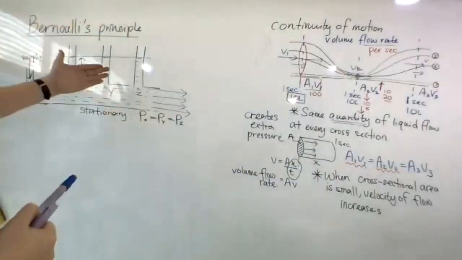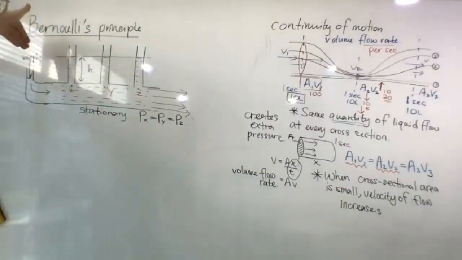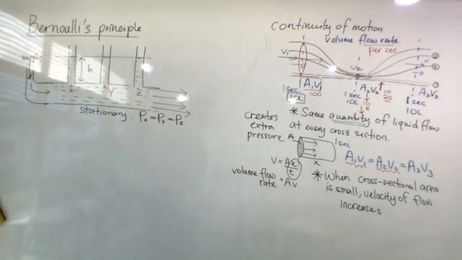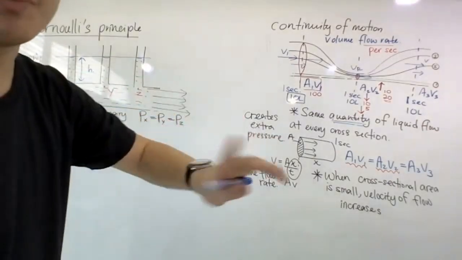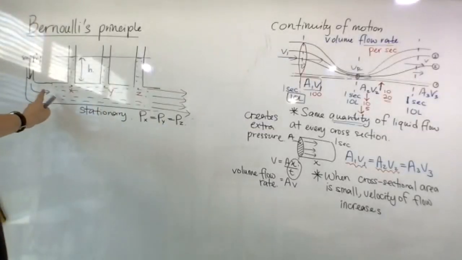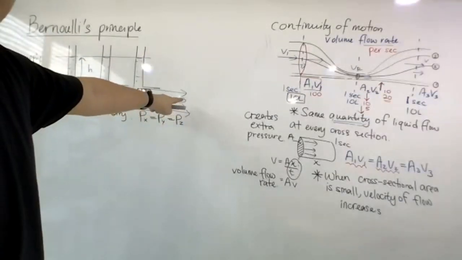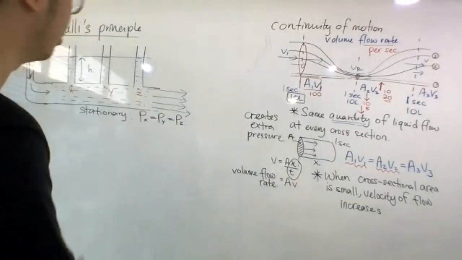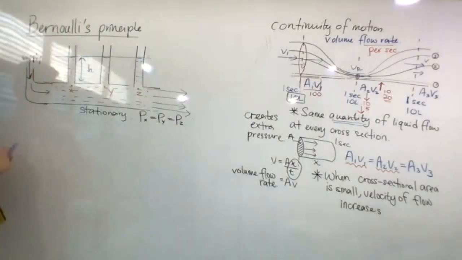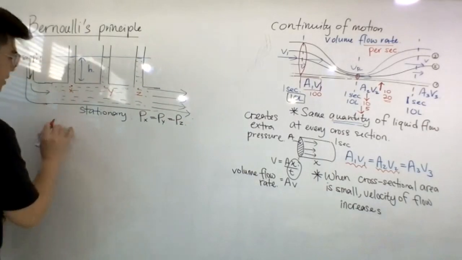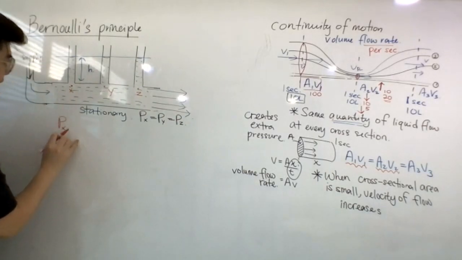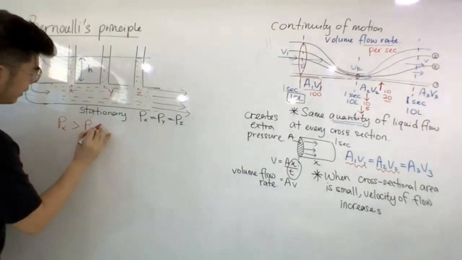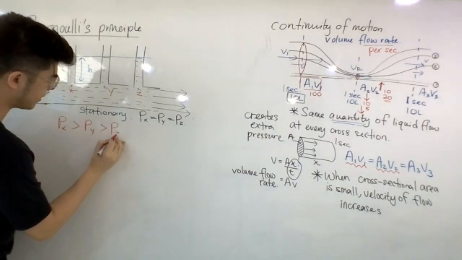Same here. If I say that the water is flowing from here to here, then where is the higher pressure region? This here is higher pressure, here is lower pressure, because water flows from high pressure region to low pressure region. Okay, so if I compare the pressure, I will find that Px is greater than Py and is greater than Pz.